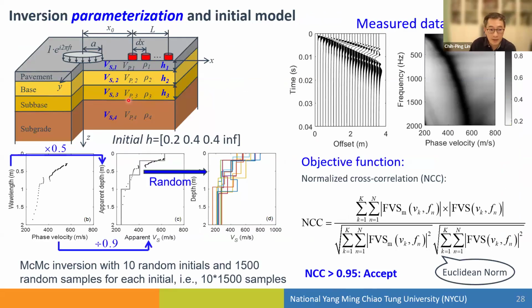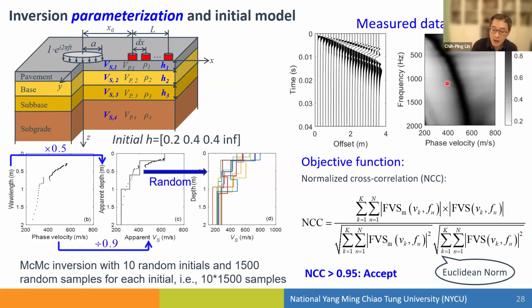But in this case, since we consider layer thickness unknown, we have to use a global optimization scheme. All right, so I'm not going to talk about the detail of this Markov-Chain Monte Carlo. Basically, it involves a random search, and we define a misfit function.